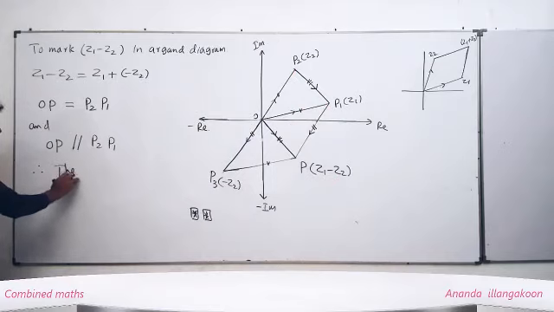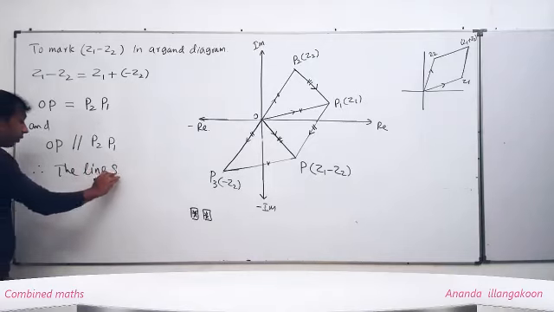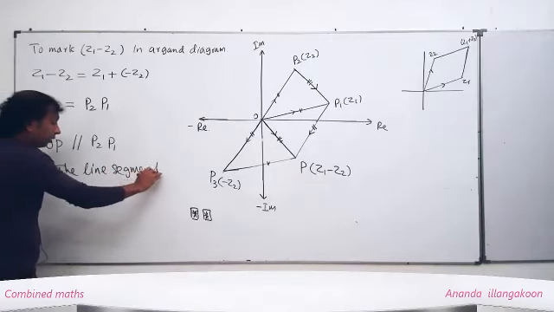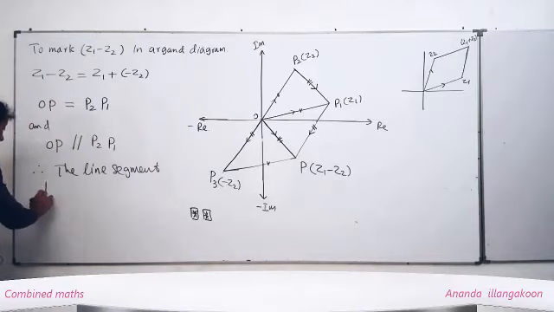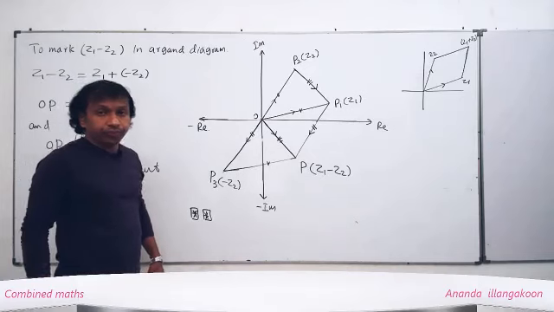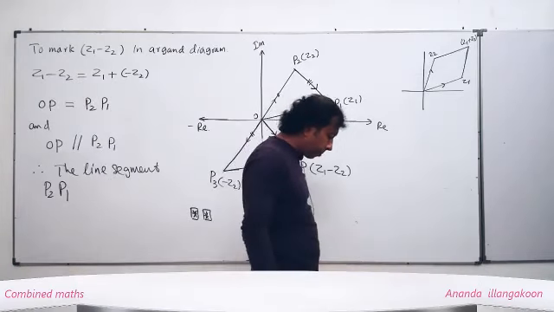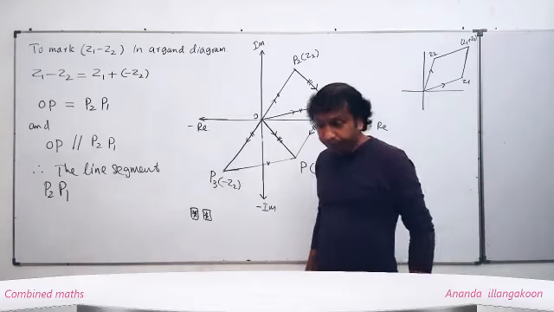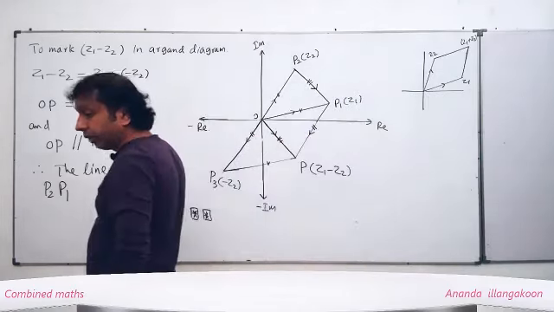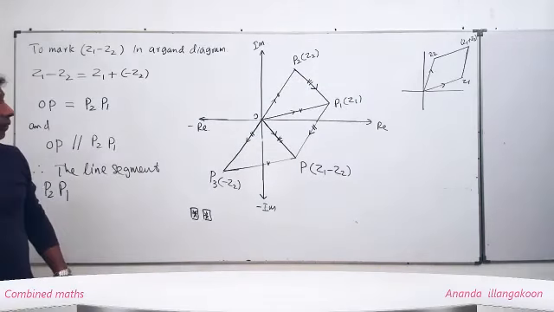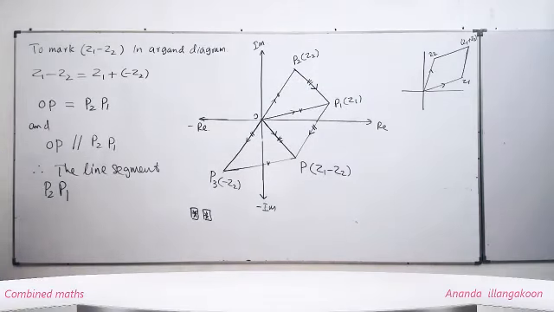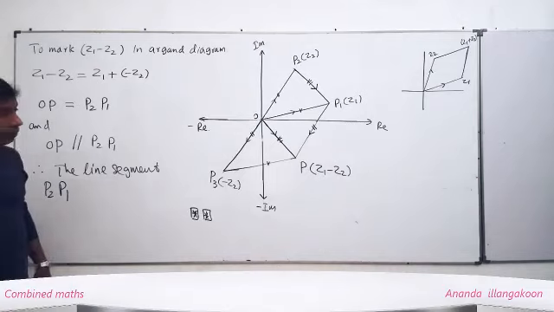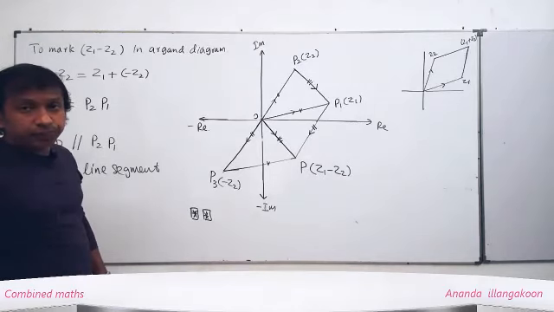the line segment P2P1 should represent the complex number Z1 minus Z2.